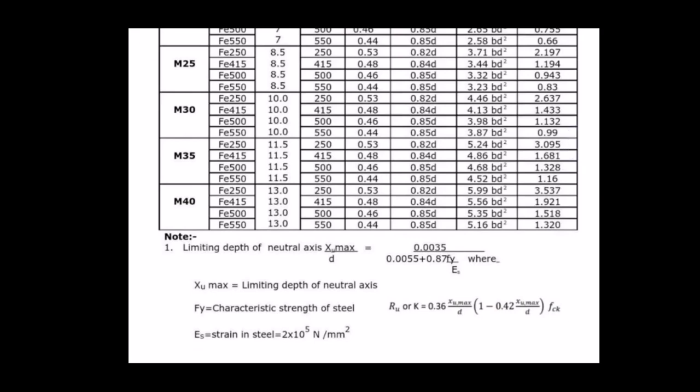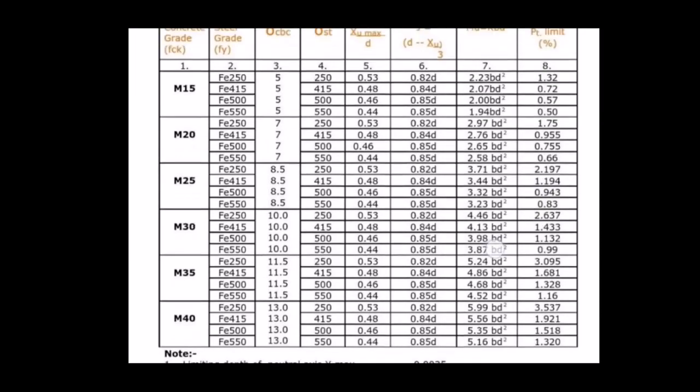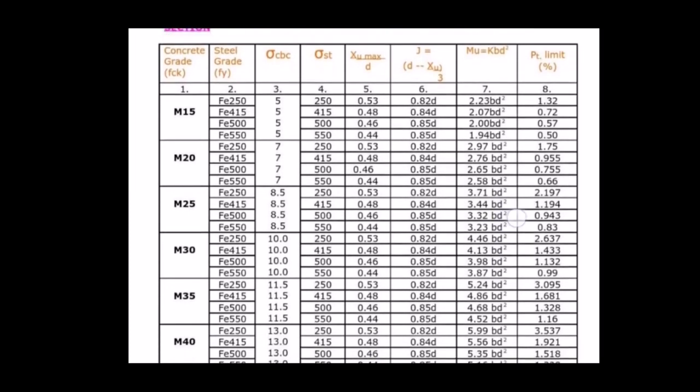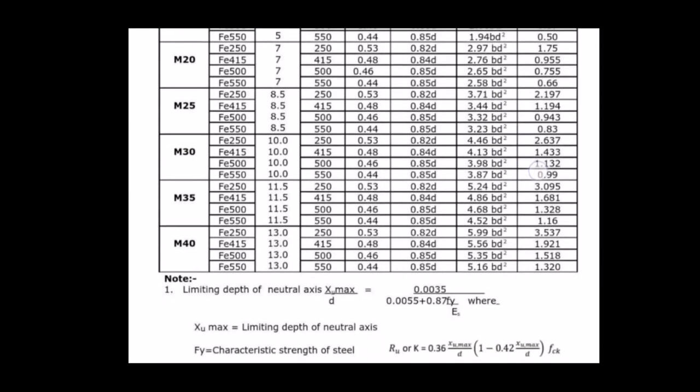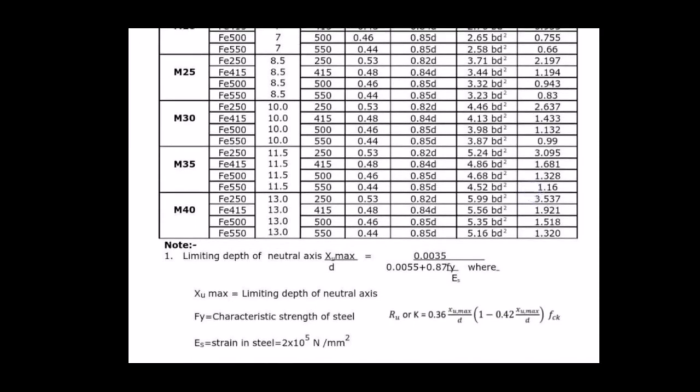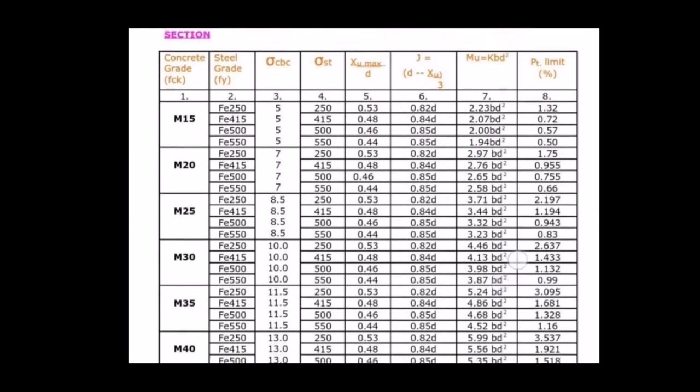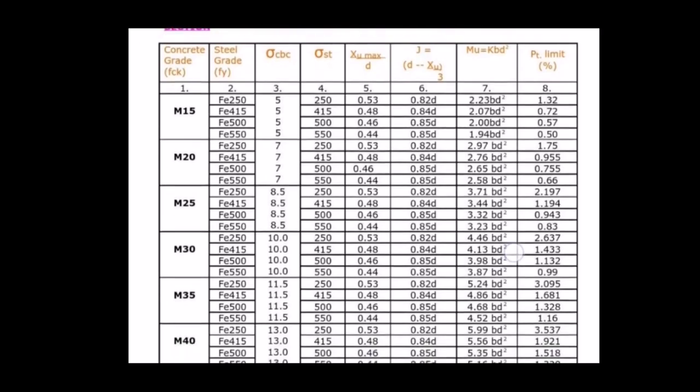0.36 xu max by d within bracket 1 minus 0.42 xu max by d bracket closed into fck. So from this table we can find out the value very easily. This table is calculated by oneself. Okay, so this table is not given in the IS code.